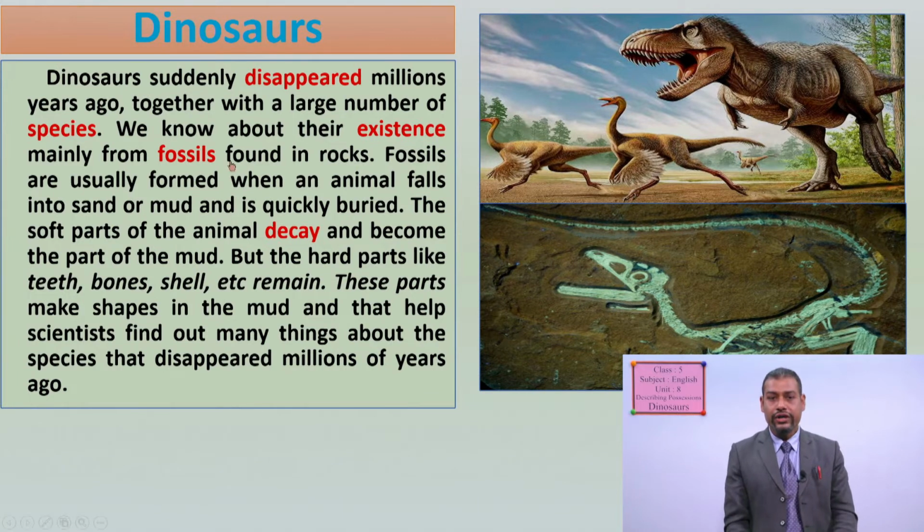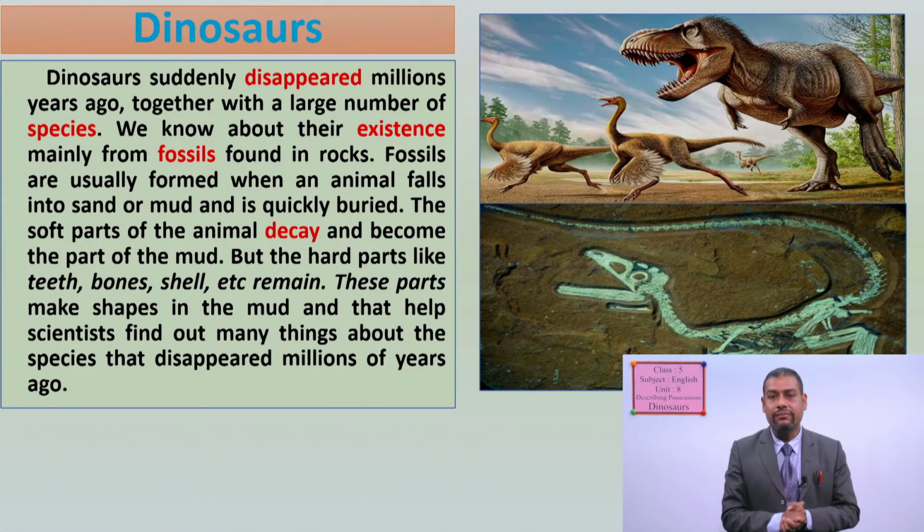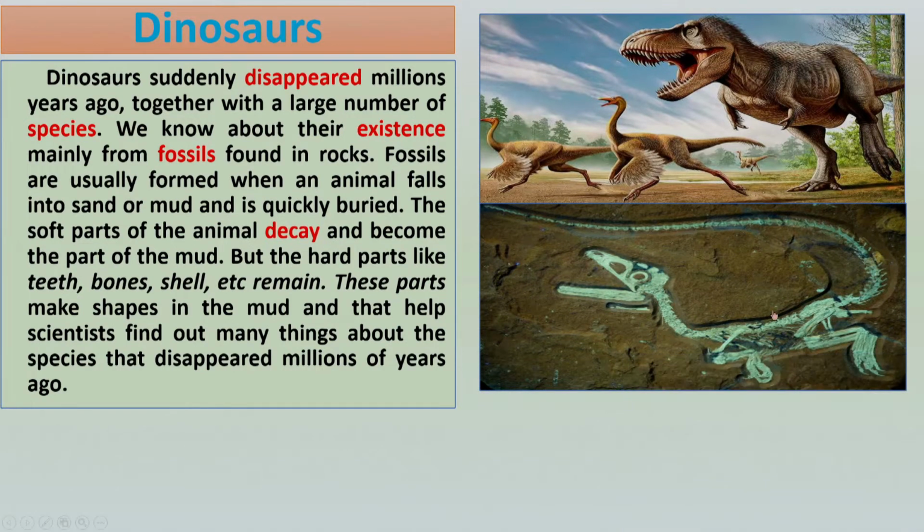See, we know about their existence mainly from fossils. So the scientists have been studying their fossils. Do you know the meaning of fossils? See, look at this second picture. It is an example of fossils.